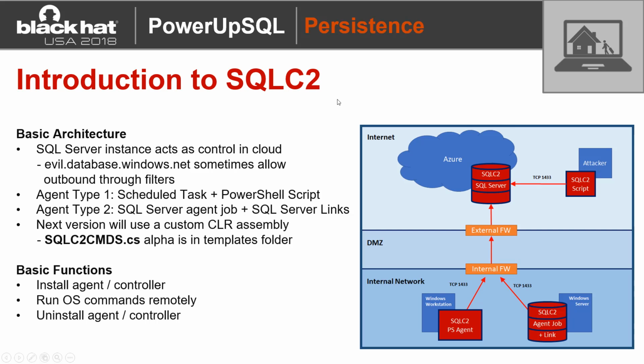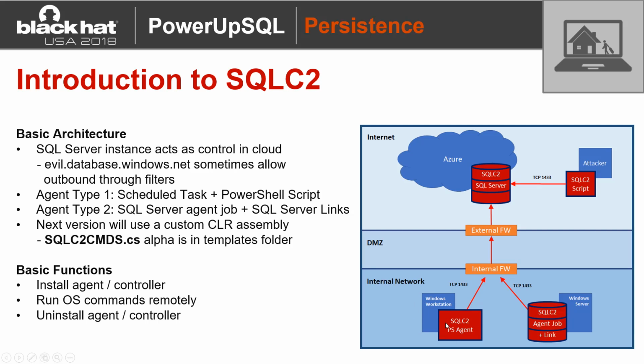The way I wrote this is basically you start up a SQL Server Azure instance. You run a little script that installs a database. It's literally just a standalone database that the attacker would do, right? You spin this up and connect. Then you have two agents that you could run on your target systems that you want to maintain access to. The first one can run on any Windows workstation.